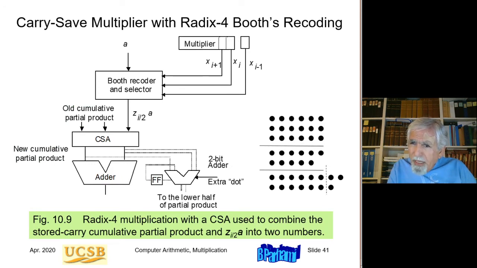The critical path goes through Booth recoder and carry save adder. So there we had, in the other one, 2 carry save adders and a multiplexer. So this Booth recoder may actually turn out to be faster, but we don't know for sure until we actually implement this in a particular circuit technology.